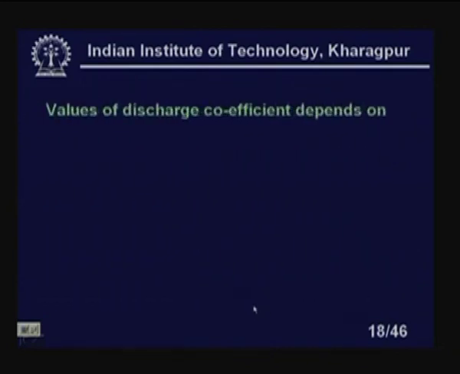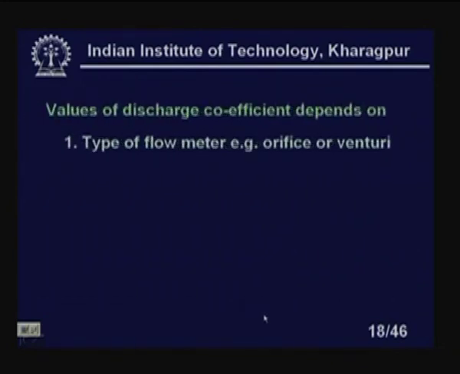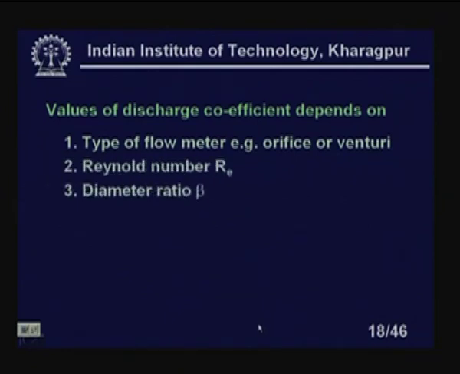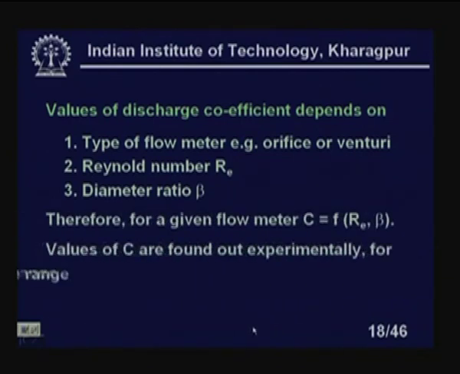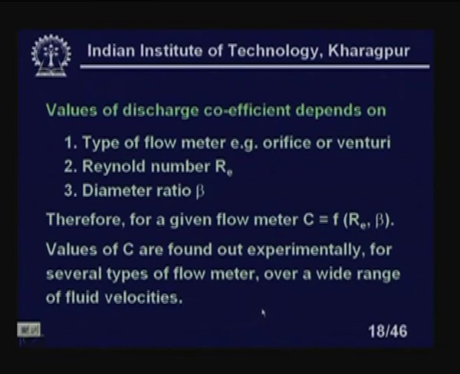Values of the discharge coefficient depend on the type of flow meter, that is orifice or venturi, Reynolds number Re, and diameter ratio beta. So, for a given flow meter, I can write C is a function of Re, Reynolds number, and beta.